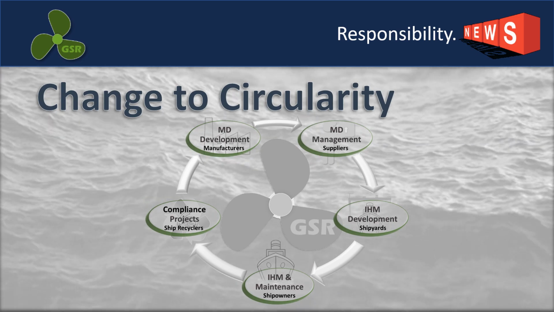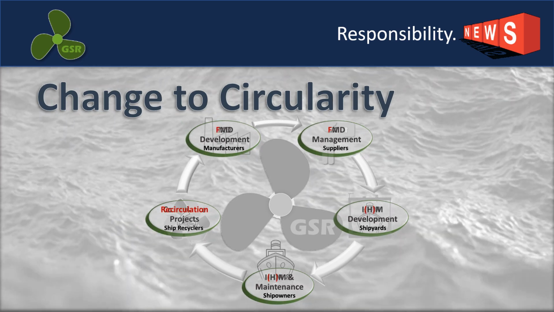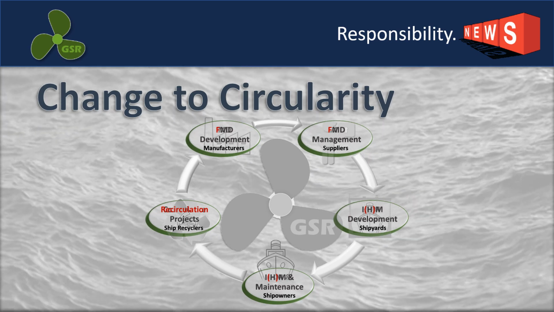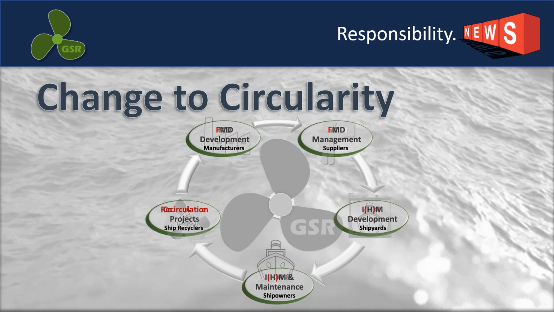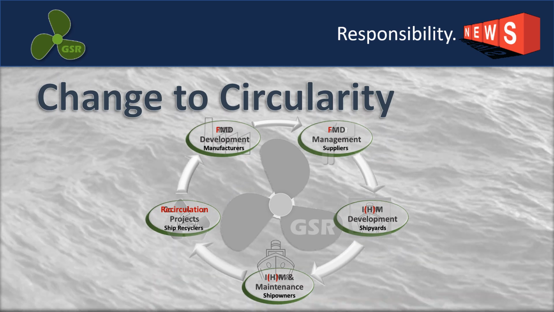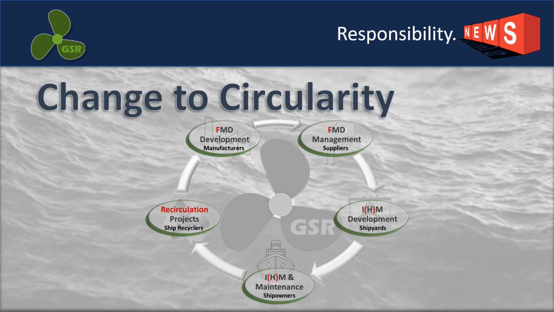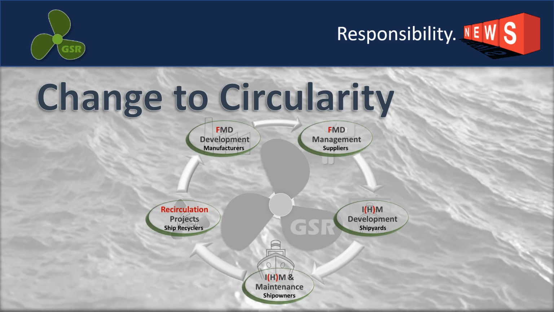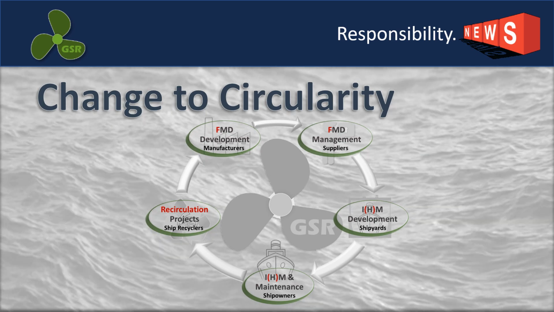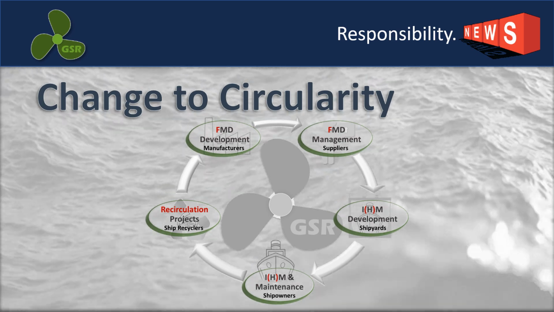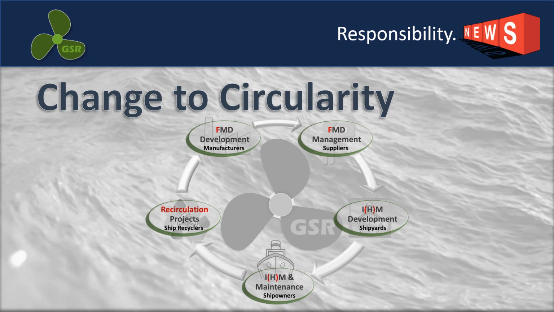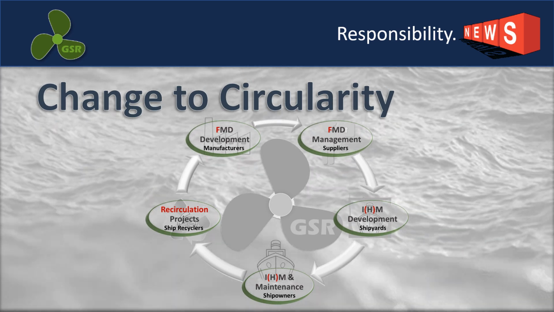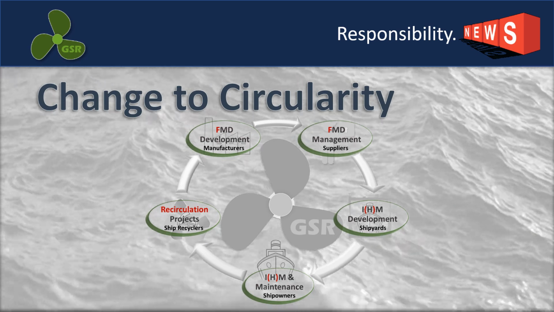When we change it, we have to look into full material declarations, listing all hazardous substances and all valuables. So the manufacturer has to develop those and provide them to the supplier. The shipyard then does not develop an inventory of hazardous materials, but an inventory of materials. And this has to be maintained by the ship owner, and the ship recycler will recirculate all these resources.